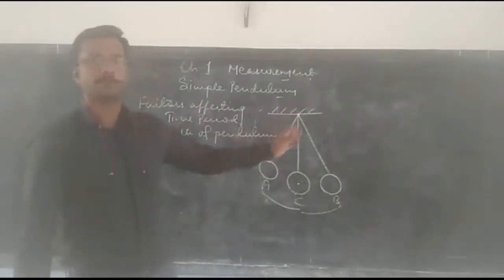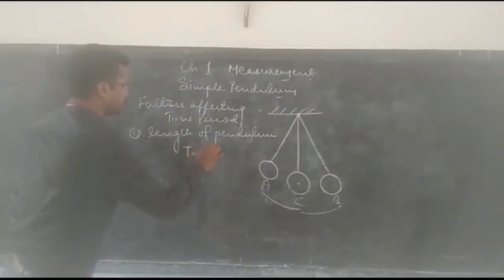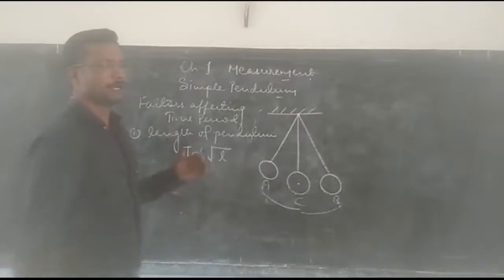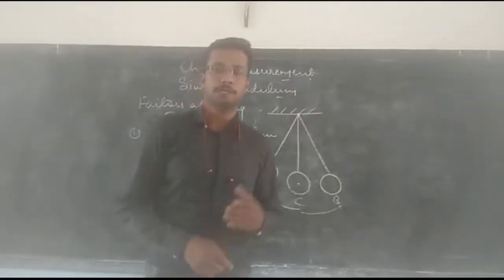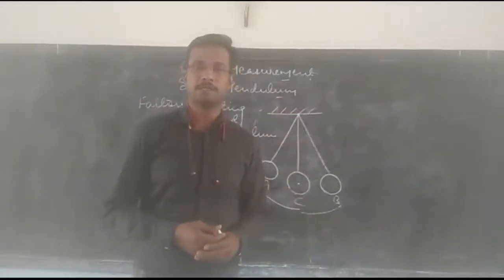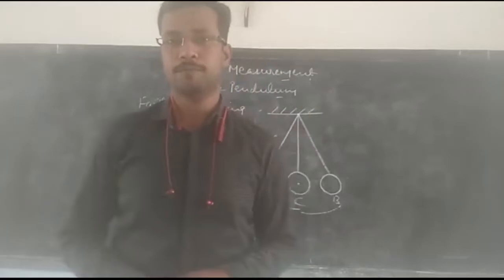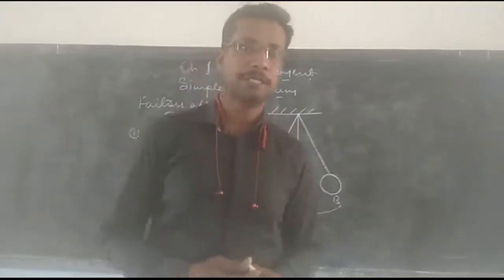First is the length of the pendulum, and time period is directly proportional to square root of the length of the pendulum. It means to say that if the length of a pendulum increases, there will also be increasing time period of a pendulum. But how does it increase?